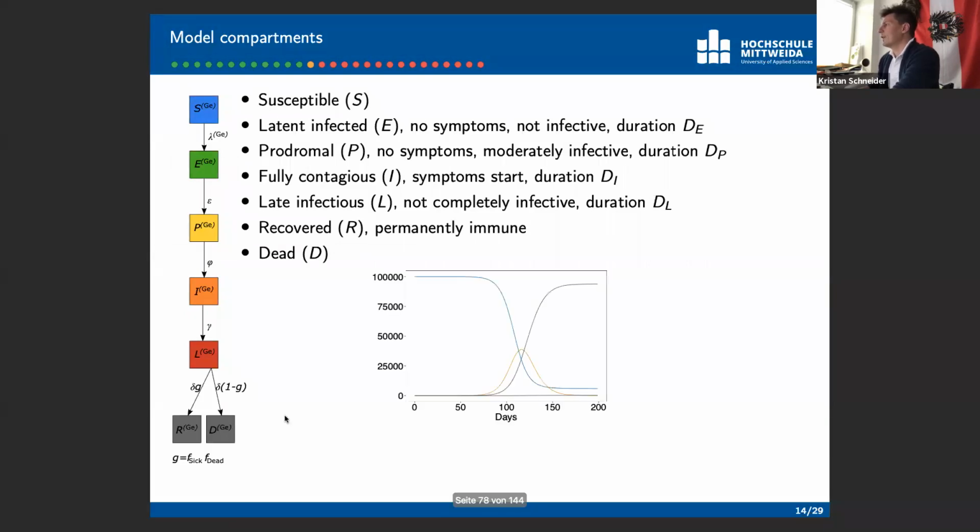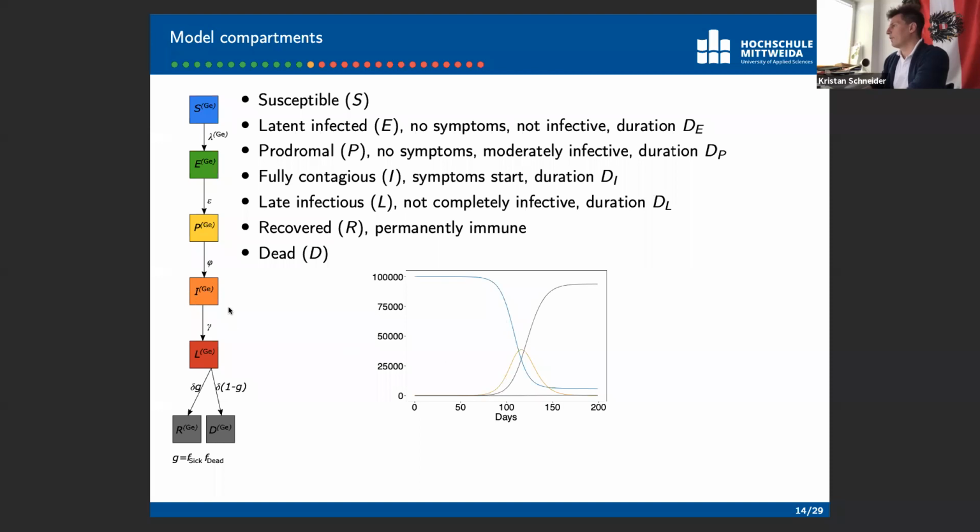Good. If you take a model like that, the dynamics typically look like this. I have a population of 100,000 individuals here, or rather the numbers are normalized per 100,000. We start with a fully susceptible population and one infected case. You see the number of susceptible individuals goes down, whereas the number of infected individuals goes up.